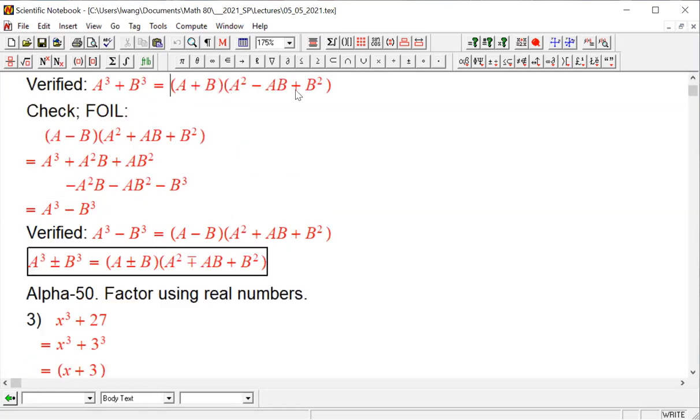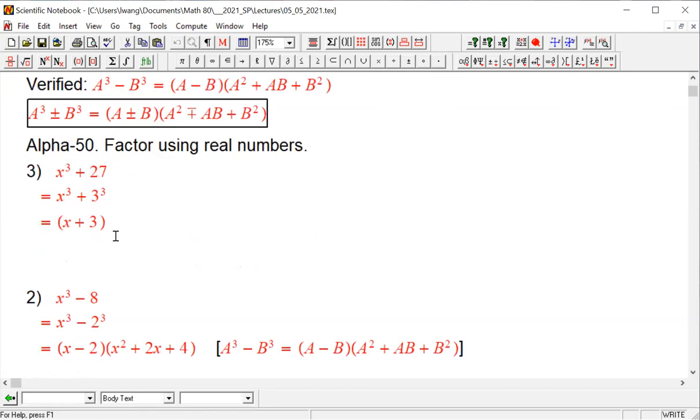If you want to bring that formula with you, a is x, b is 3. So this is just going to be x squared minus 3 times x, and this is going to be 3 squared, and 3 squared is 9.